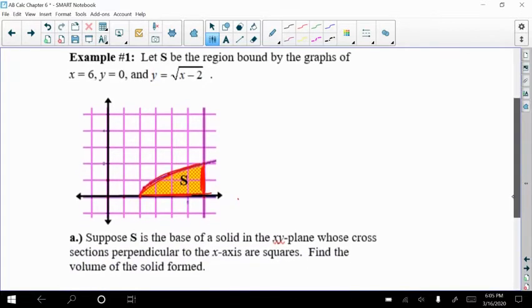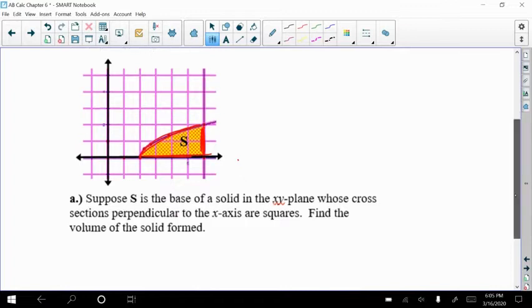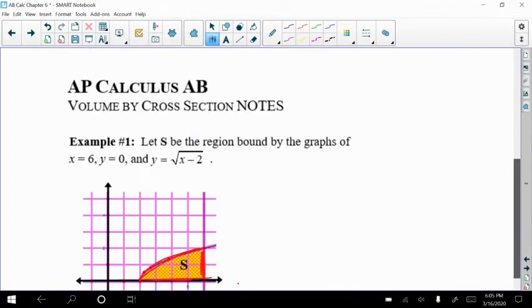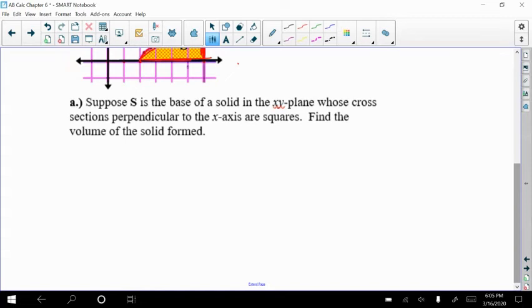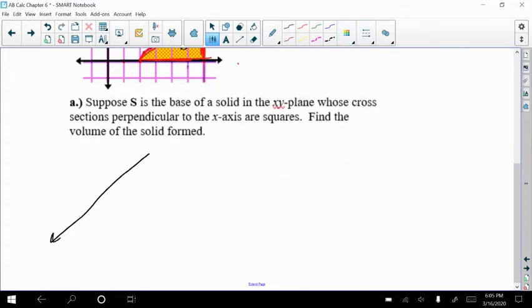I do like to draw these with a perspective drawing. So I'm going to take that XY plane and pretend that it's laying flat on the ground. And you'll see what I mean in just a second. So I'm going to call this my y-axis. Call this my x-axis, just so I can have a little bit of perspective here.